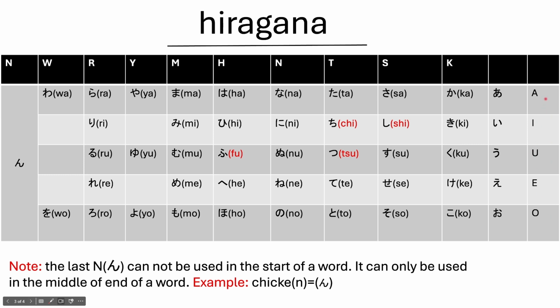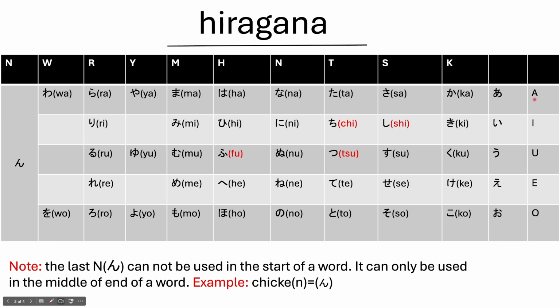You just have to realize that the 5 vowels are also in Japanese, but because Japanese is different from English, the pronunciation or the sound of the vowels is going to be different.